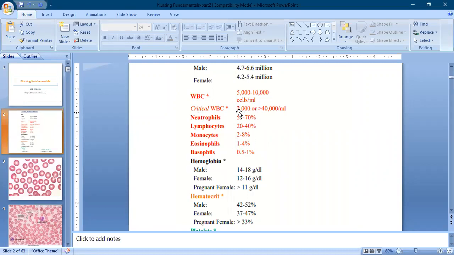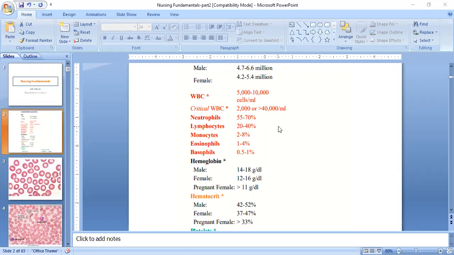So another important information we have to know about the white blood cell, especially the neutrophil. When the neutrophil goes down in the body, it's called neutropenia.